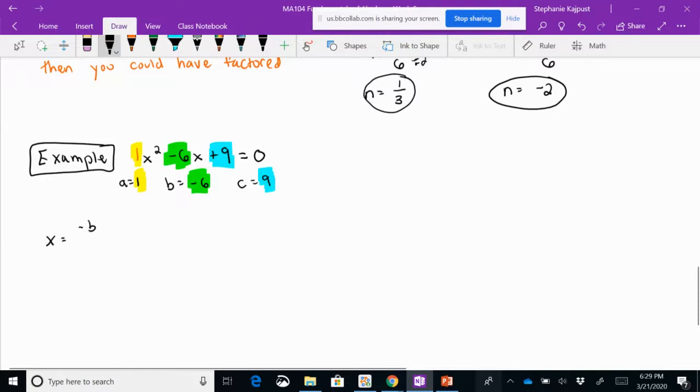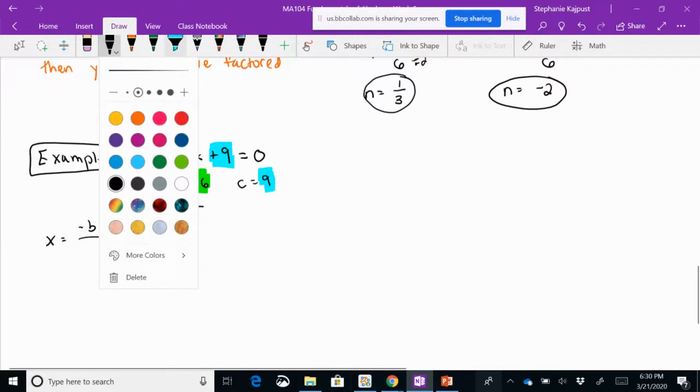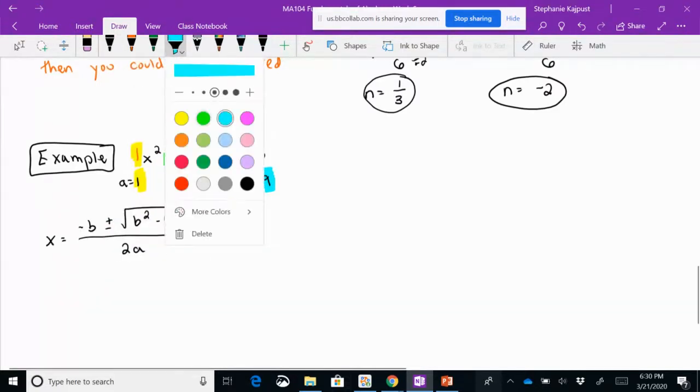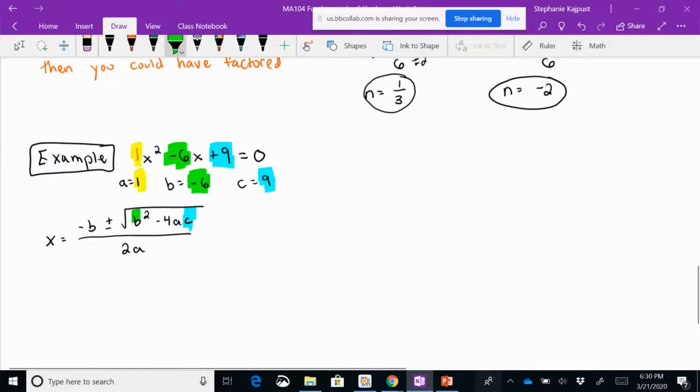It's -b plus or minus the square root of b squared minus 4ac all over 2a. And so I'm going to color code so I make sure I'm plugging everything into the right place.